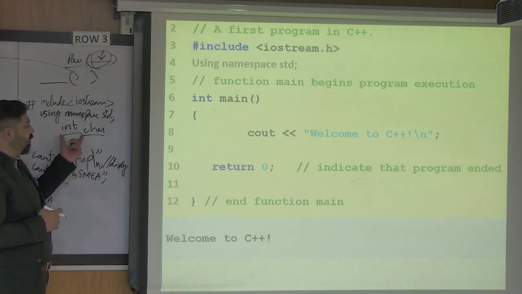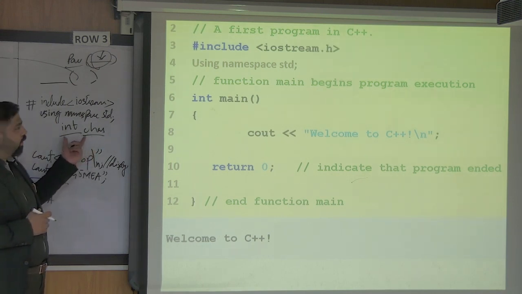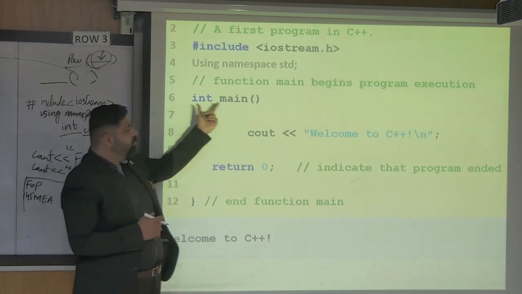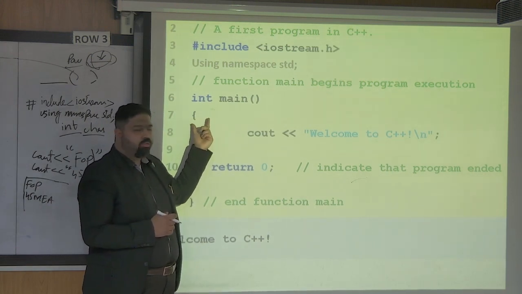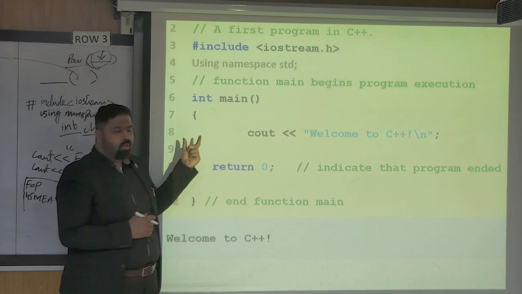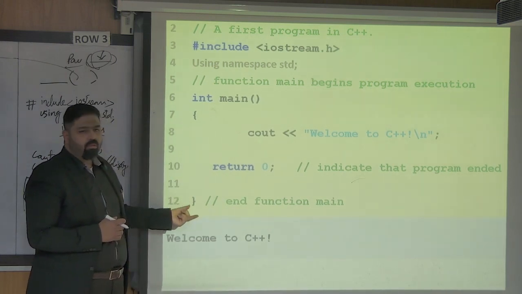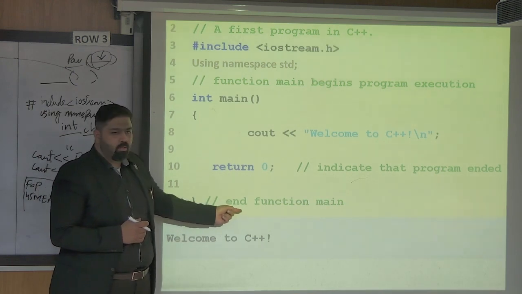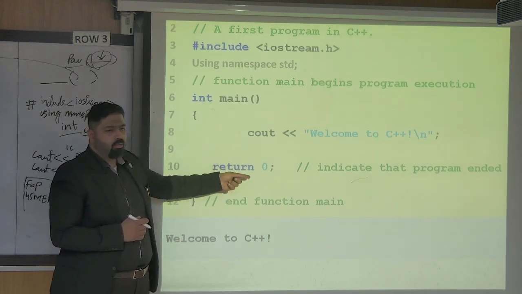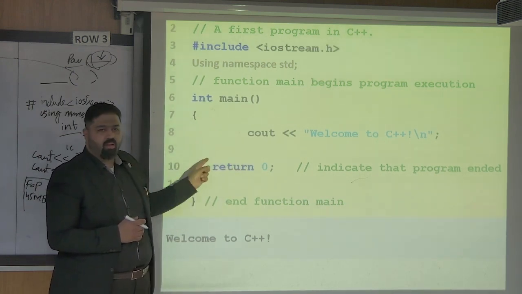So basically these are the data types, and integer, int, main, this is part of syntax, starting curly brace to start the main function body, corresponding curly brace to end the main function body, as you can see in the comments. Return 0 we have to write, because this function main is returning nothing.